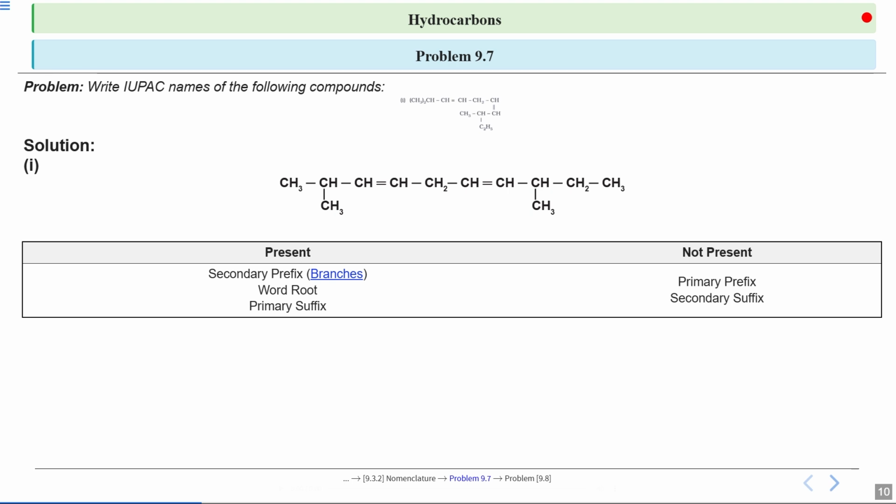But we have the secondary prefix, which is our substituent. So if you select the longest chain, you will see that they have substituent for which we have to assign the secondary prefix. Word root is the mandatory one, and of course primary suffix is also the mandatory one. Okay, so the extra thing that we have here, apart from the mandatory ones, is this secondary prefix, which is denoting our branching.